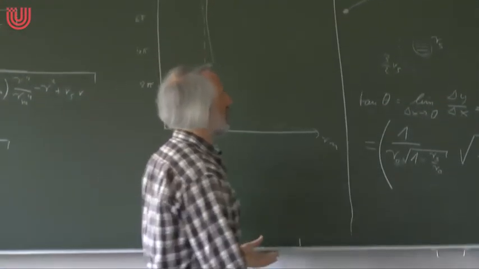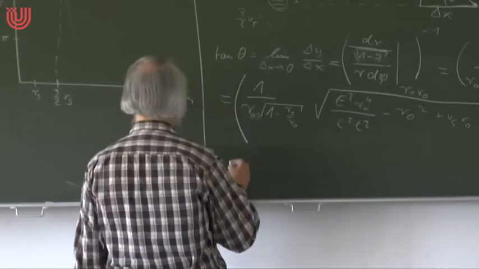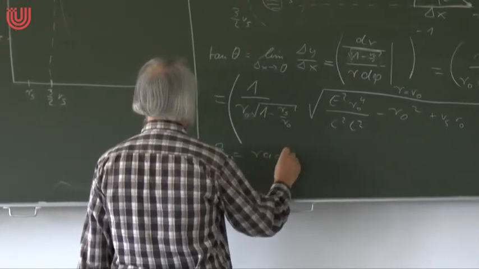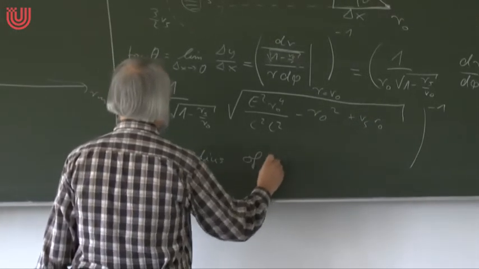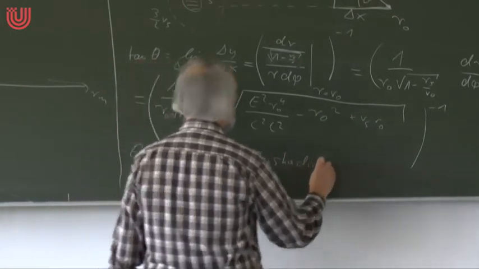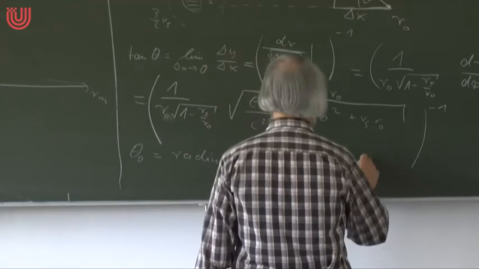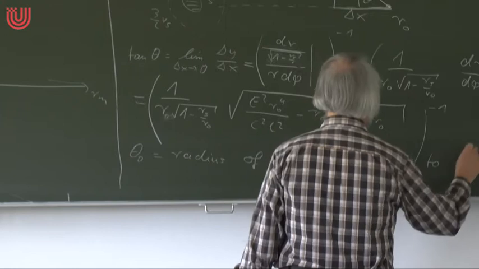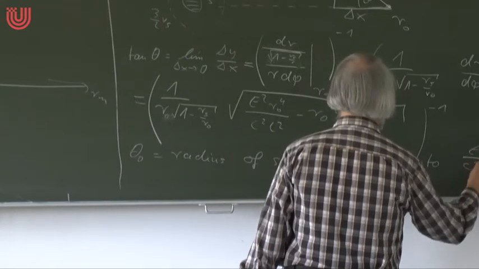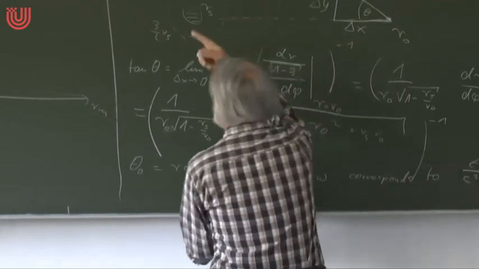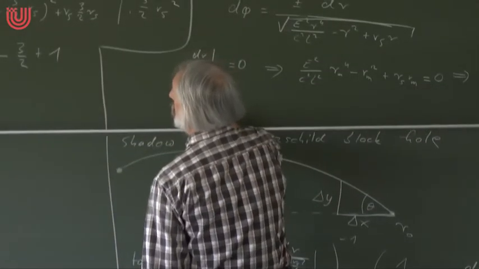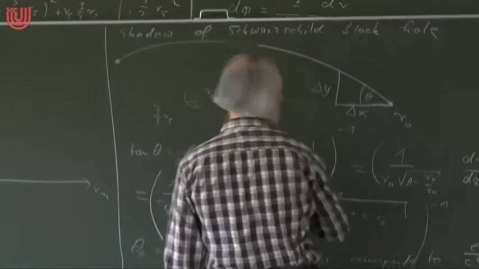So theta 0 is the radius of the shadow. It corresponds to E squared over c squared L squared, which is this expression here: 4 over 27 rs squared.